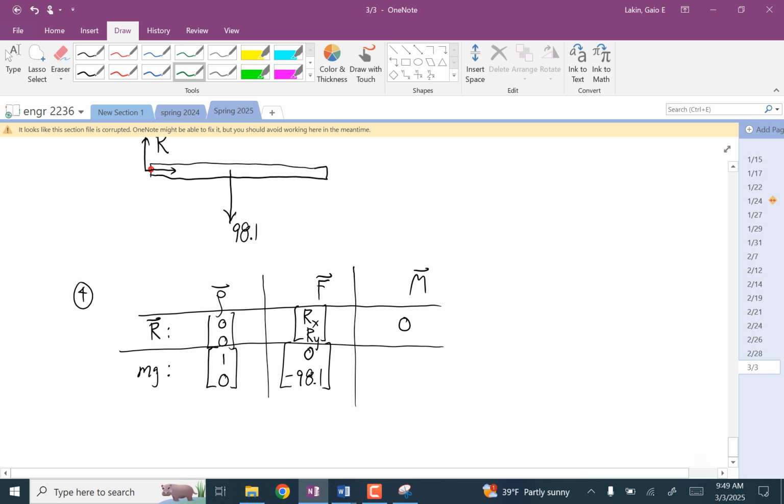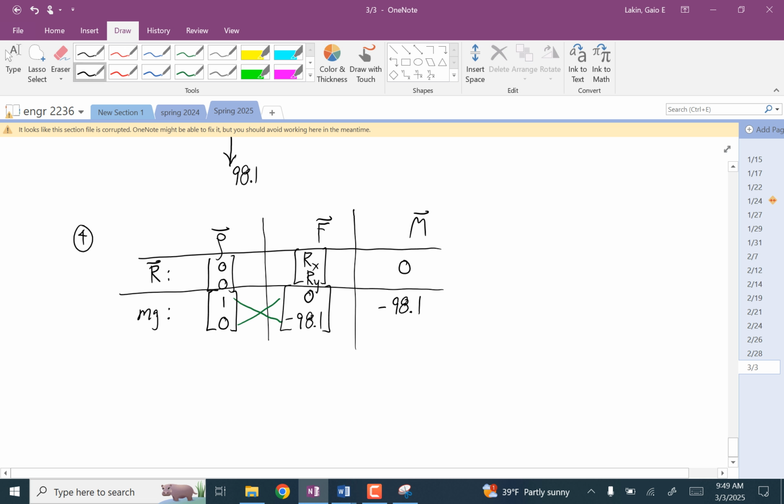The cross product is 1 times negative 98.1 minus 0 times 0. So this is just negative 98.1. And now we have this table that gives us all our forces here, all our moments here.